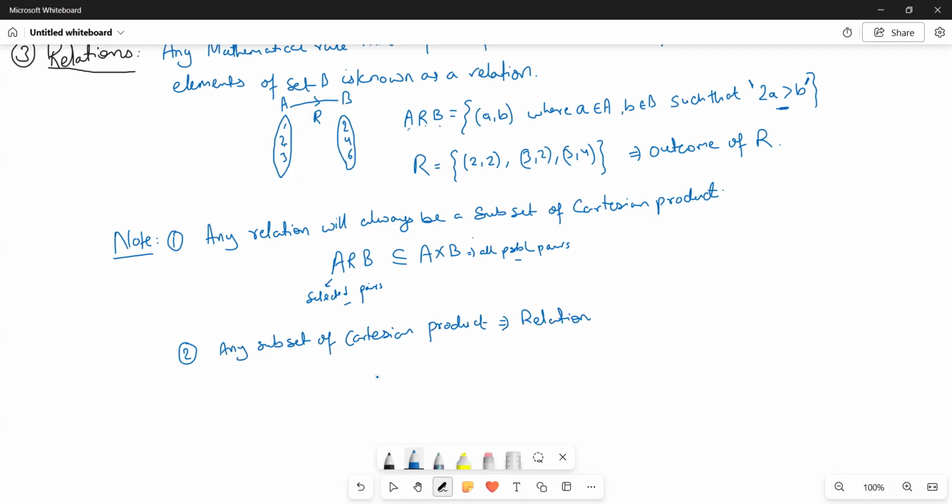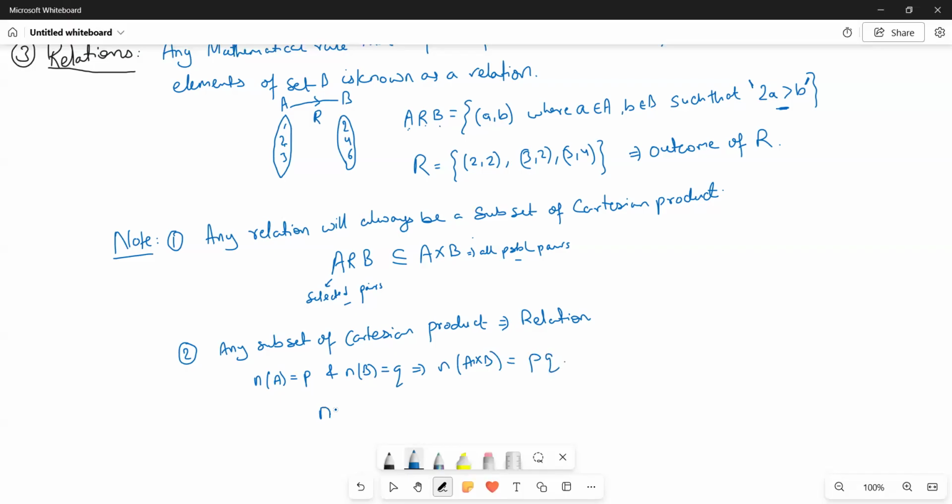Now, the second definition actually helps us in calculations of mathematical values in the sense that now, if the number of elements in A is P and the number of elements in B is Q, then we already know the number of elements in A cross B will be PQ. Okay.